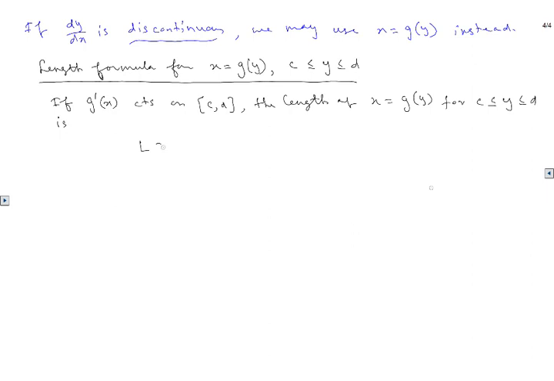We write L, so now it's going from c to d instead, and then 1 plus dx over dy.